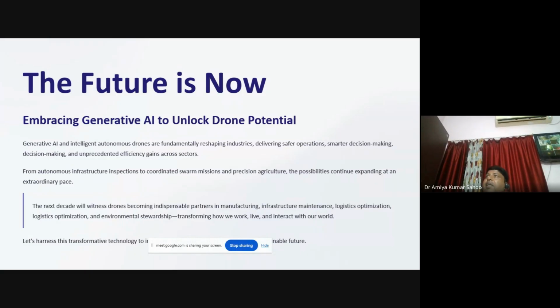The next decade, dear friends, will witness drones becoming indispensable partners in manufacturing, infrastructure maintenance, logistics optimization, and environmental stewardship, transforming how we work, how we live, how we interact with our world.